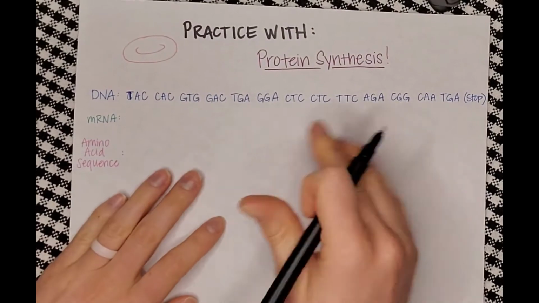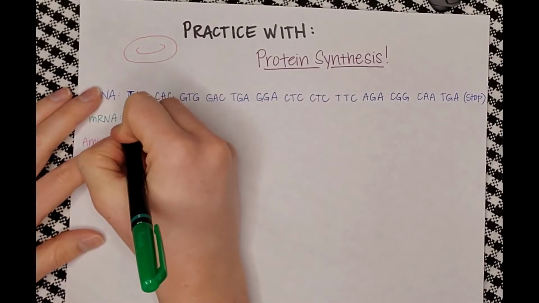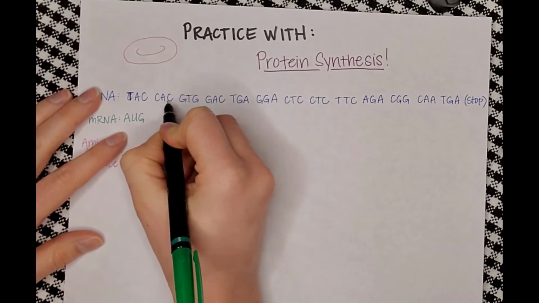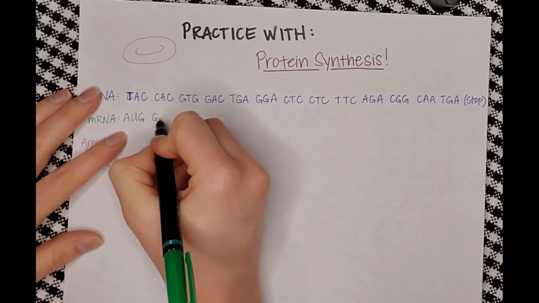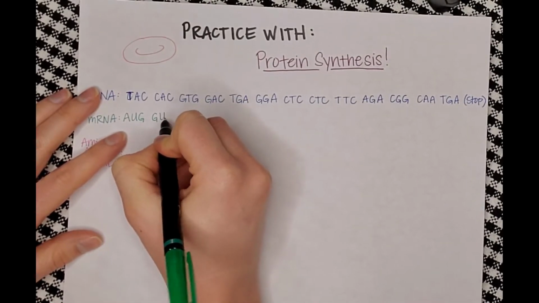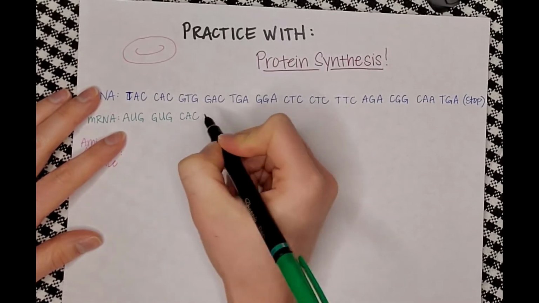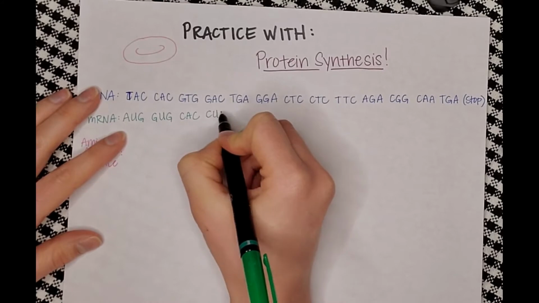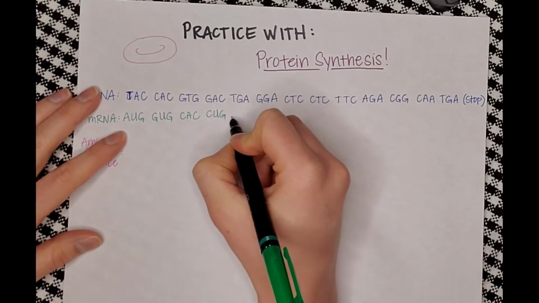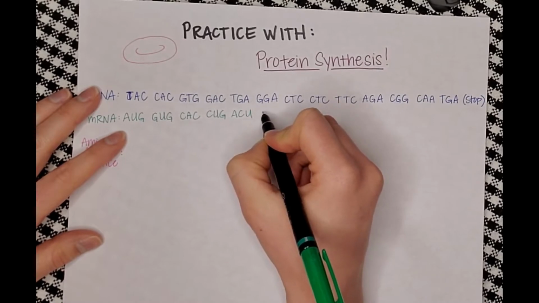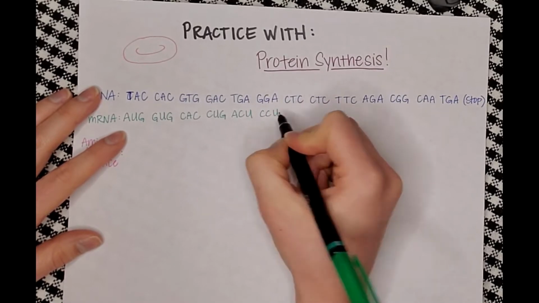So let's go ahead and do these base pairs. T pairs with A pairs with U, C pairs with G. CAC becomes GUG. CTC... GAG. GGA becomes CCU.